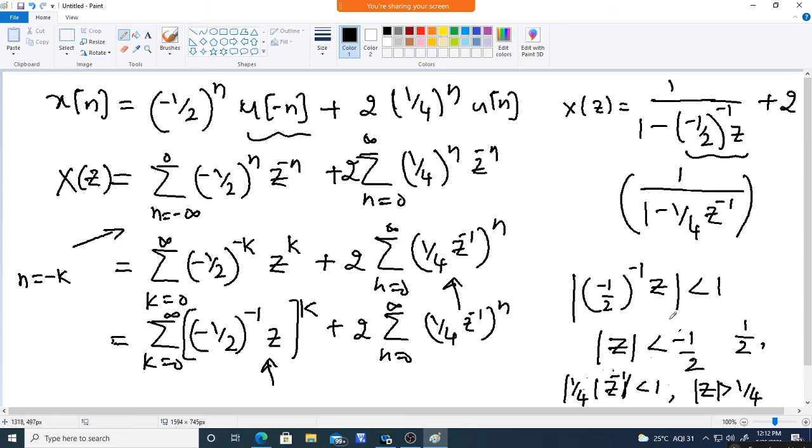Here one more. This is giving some negative sign, it is giving a problem to find the ROC. Here we have made a mistake.